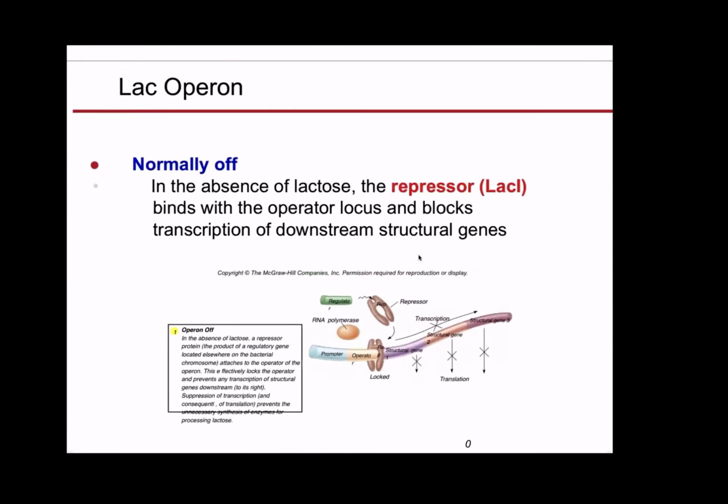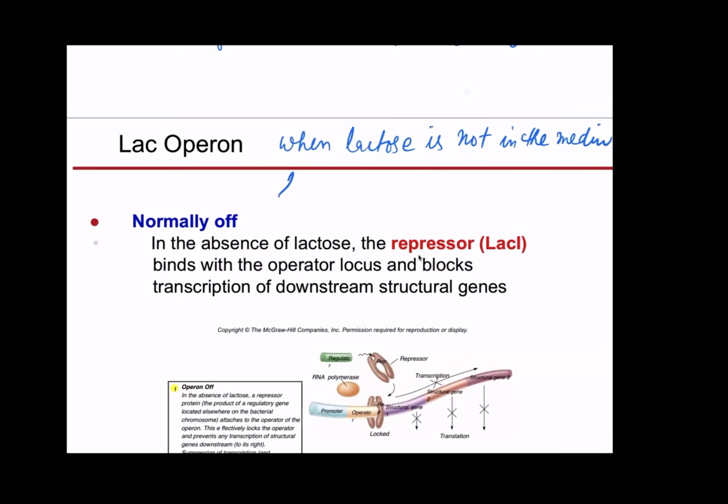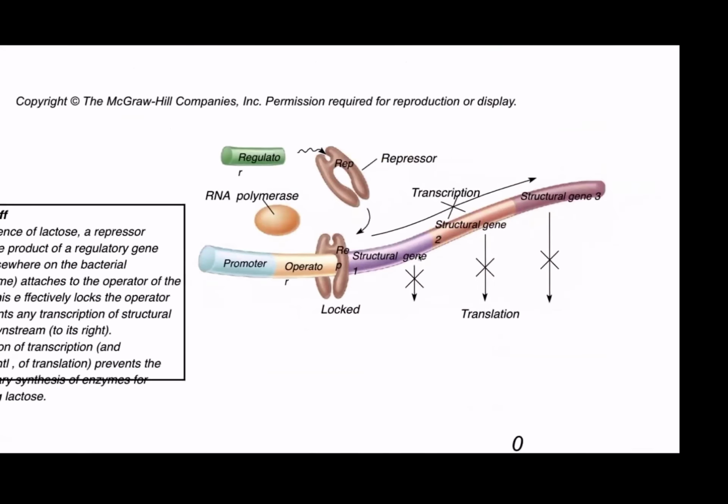Now I will go into the detail. Lactose operon, when lactose is not in the medium, the lac operon is in off mode. Initially, off mode. That's how they are showing.